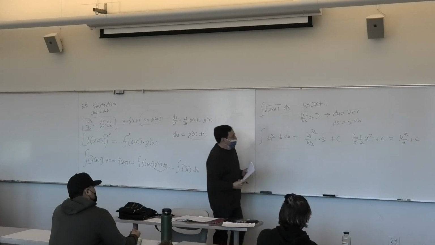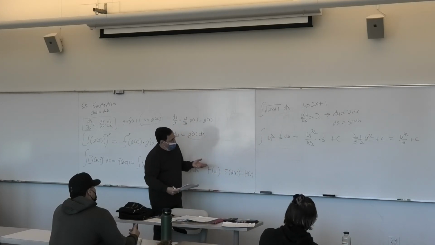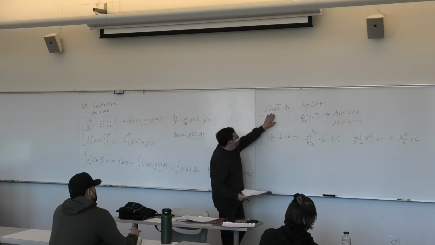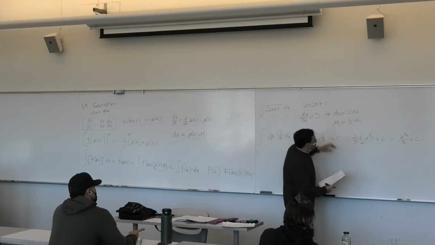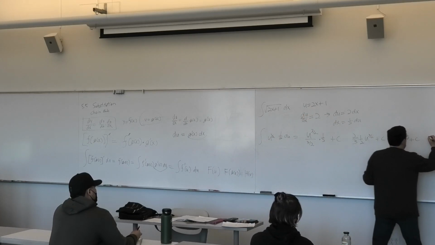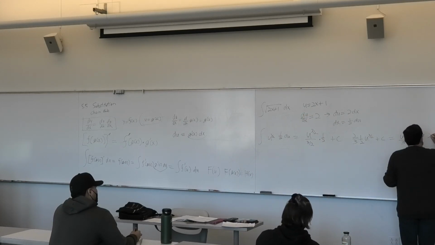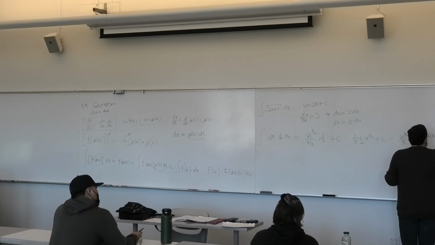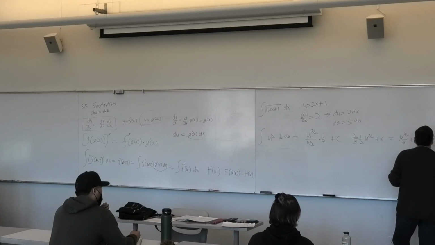Of course, now we're back to that point I made earlier. You might want this in terms of x, right? So u is 2x plus 1, so this just becomes (2x plus 1) to the 3/2 over 3 plus some constant.